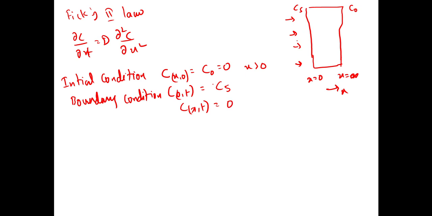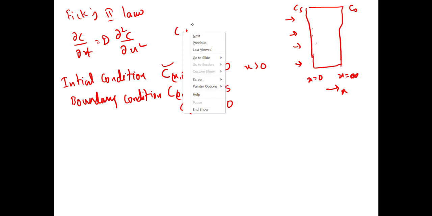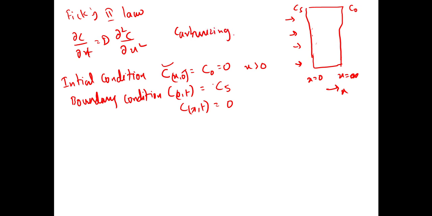So I will explain the boundary condition as well as the initial condition. What is the initial condition? That is T is equals to 0. The concentration at this surface or any other surfaces will be a 0 concentration of the carbon that we have. We are doing the carburizing. Right? So that's why the carbon concentration at T is equals to 0 will be 0.